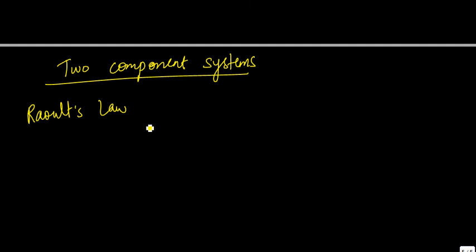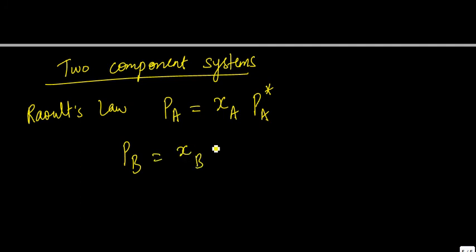The partial vapor pressure of A, PA, is given by the mole fraction of A times the vapor pressure of pure A, right? Likewise, the partial vapor pressure of B is given by the mole fraction of B times the vapor pressure of pure B. That's the way we write it.